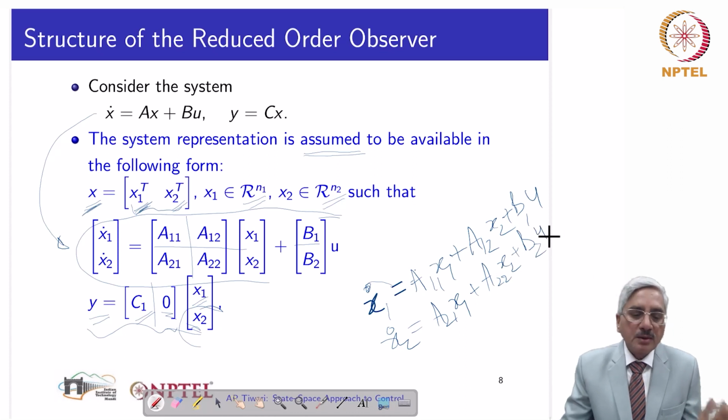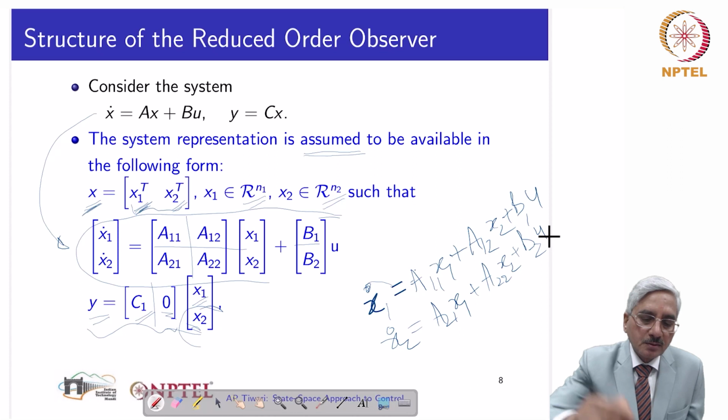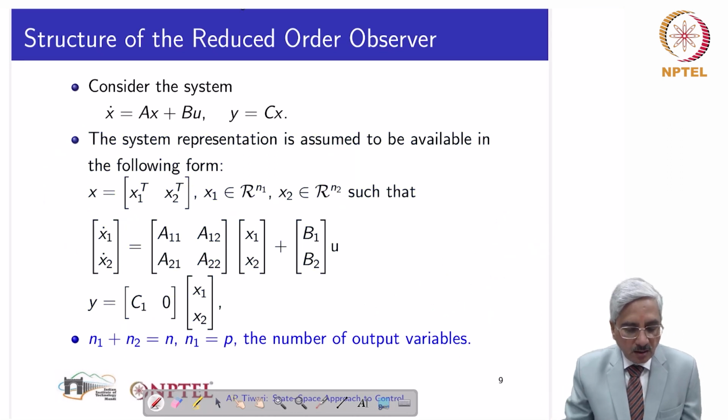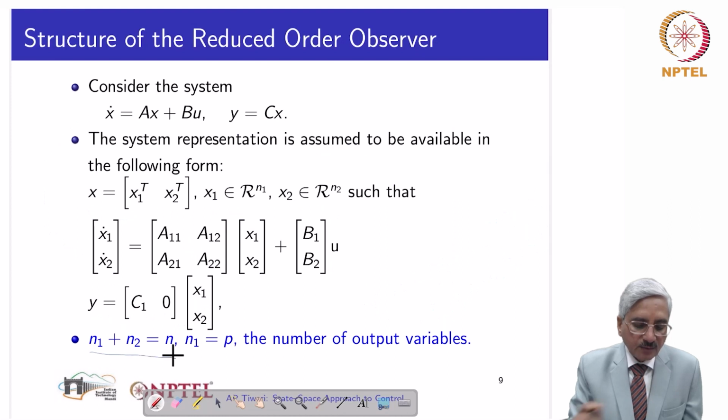It is available in this specific form. And of course, as I said, n1 plus n2 is n, and n1 is equal to p, the number of output variables.